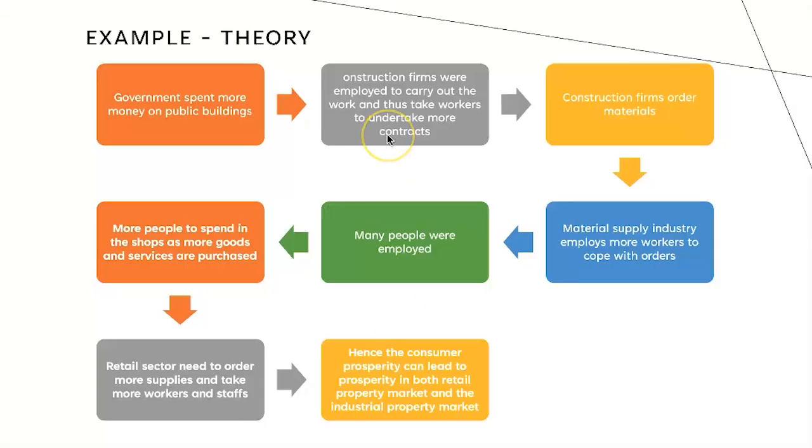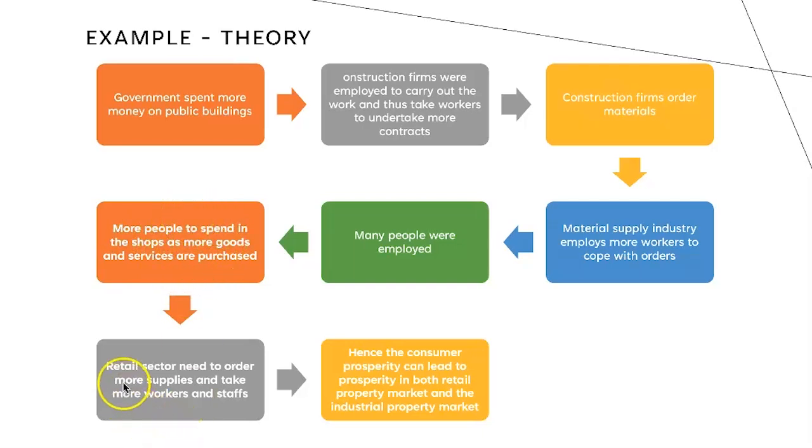Let's look at the example here. The government spends more money on public buildings. The construction firms are employed to carry out the works and thus take on workers to undertake more contracts. And next, the reaction: the construction firms will order the materials, and the material supply industry employs more workers to cope with the orders. So many people are employed and more people spend in the shops as more goods and services are purchased.